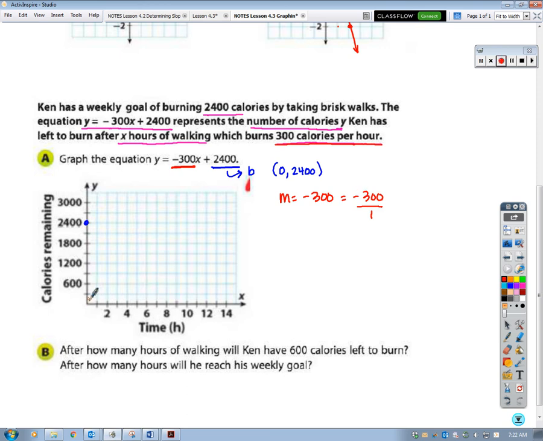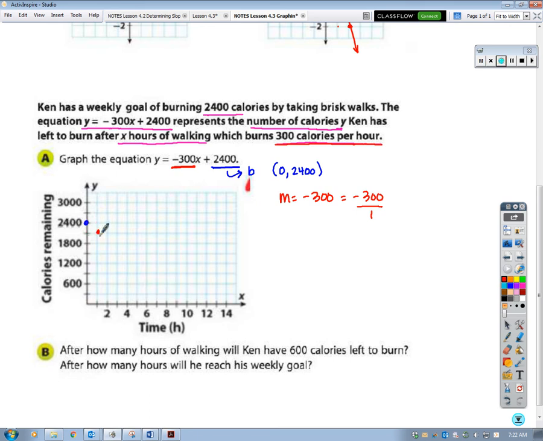The units on this side are going down by 300 or up by 300, but the units on our x-axis are increasing by 1s. So again, those units don't have to be the same axis to axis, but they do need to be the same within that axis. So we've got a slope of -300, so starting at 2,400, 300 calories per hour.